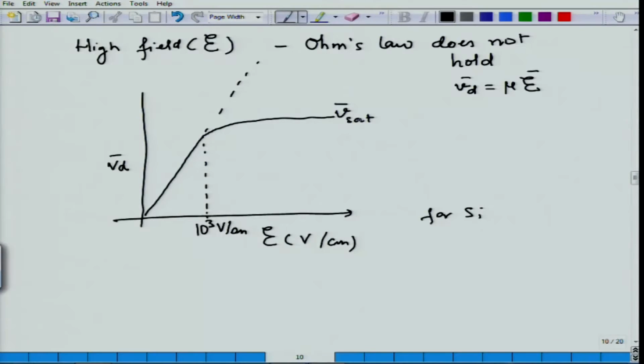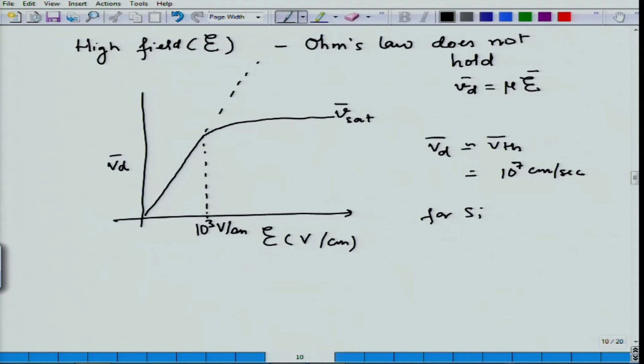At this field, the drift velocity of the electron is approximately equal to the thermal velocity, so beyond this field we cannot further increase the drift velocity. This comes at a velocity of roughly 10 to the power 7 centimeter per second.